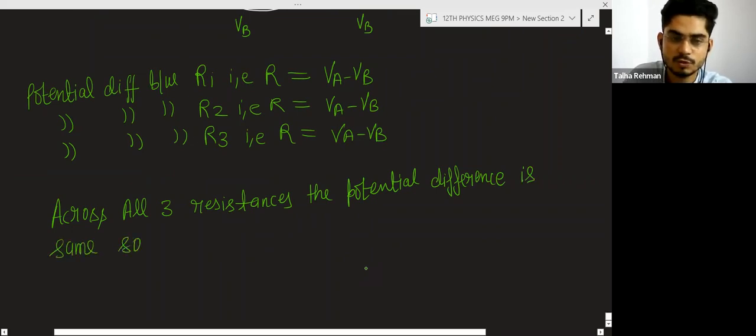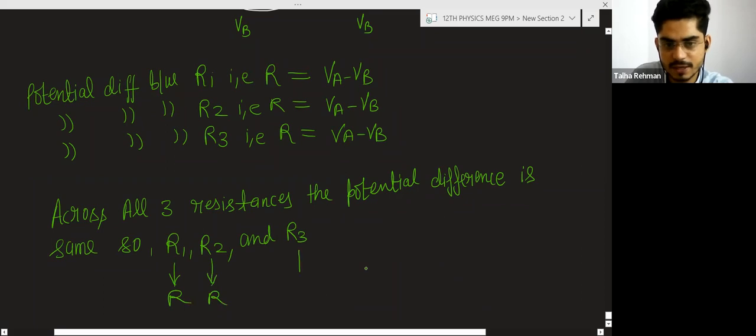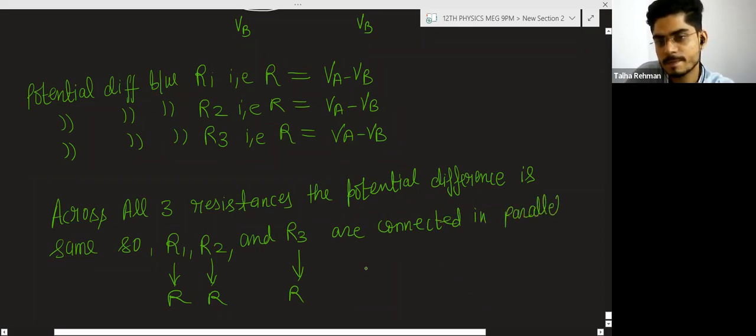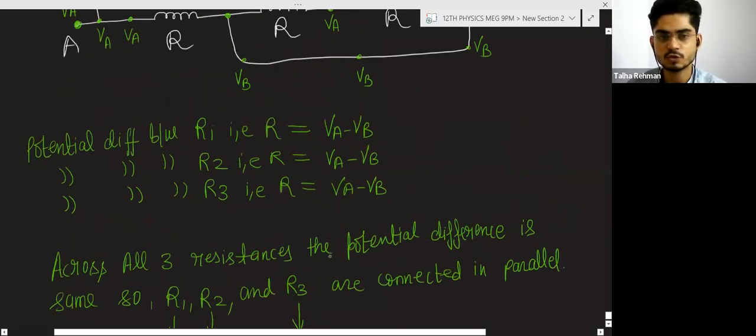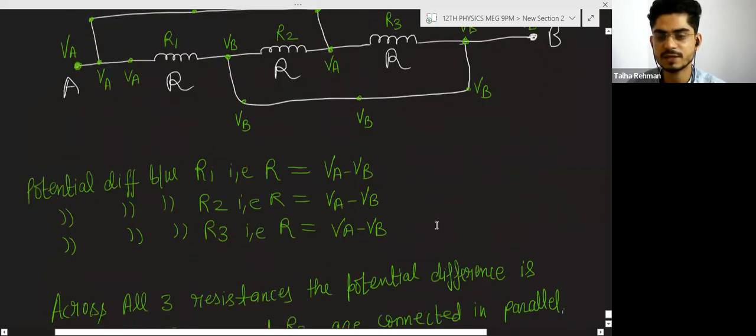So you can say R1, R2 and R3, where R1 is R, R2 is R, and R3 is also R, are connected in parallel. Why are they connected in parallel? Because the potential difference across each resistance is the same.